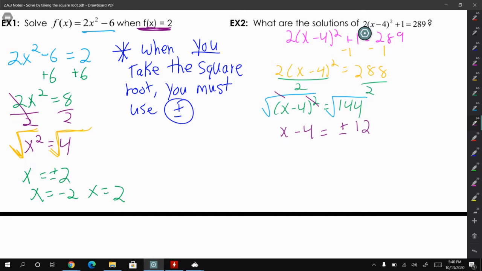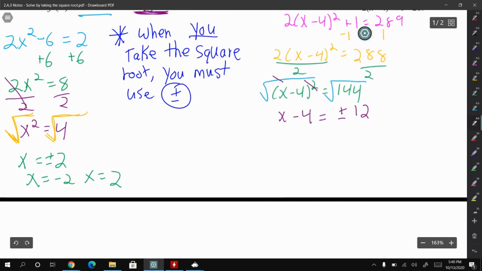Now you'd be thinking, well, what do we do now? We have x minus 4 equals plus or minus 12. This becomes two separate equations. We have x minus 4 equals negative 12 and x minus 4 equals positive 12. So we solve both of these separately.